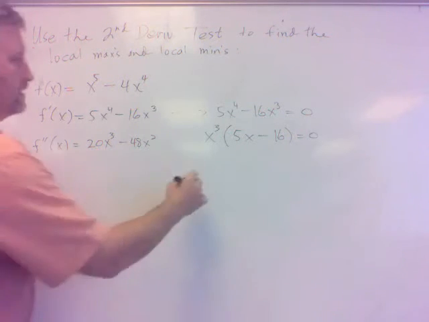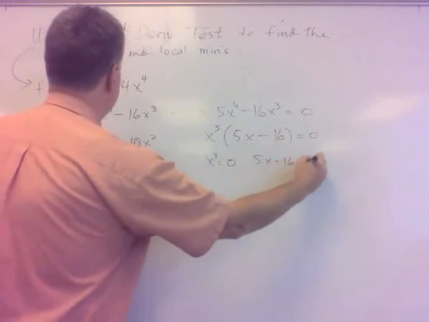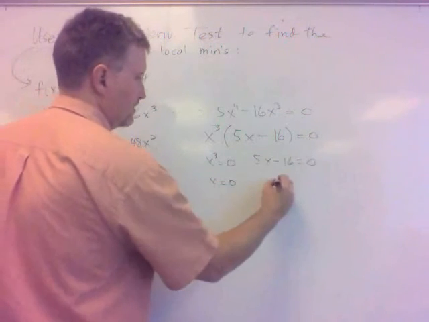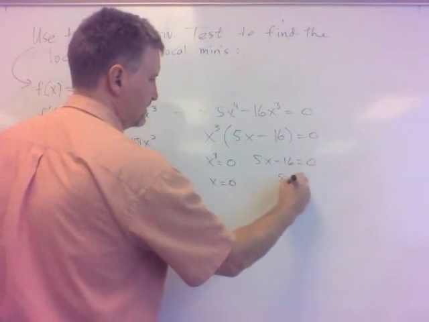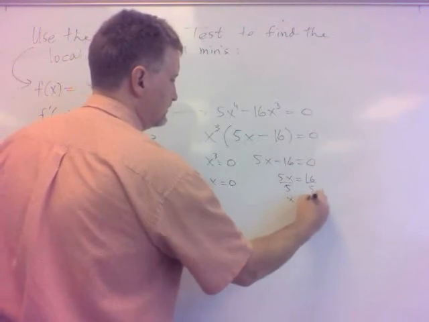So x cubed equals 0, and 5x minus 16 equals 0. Did I do that right? I think so. This one is just x equals 0. This one, you add the 16 and divide by 5, you get 16/5. Critical number there.